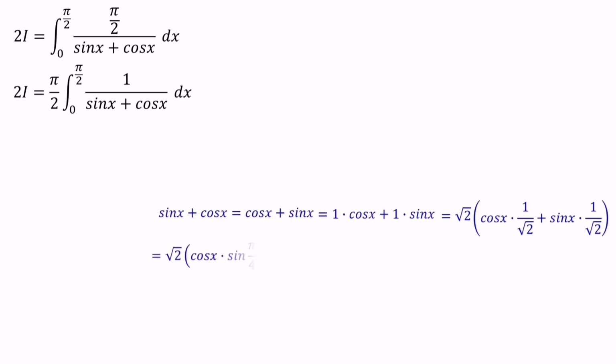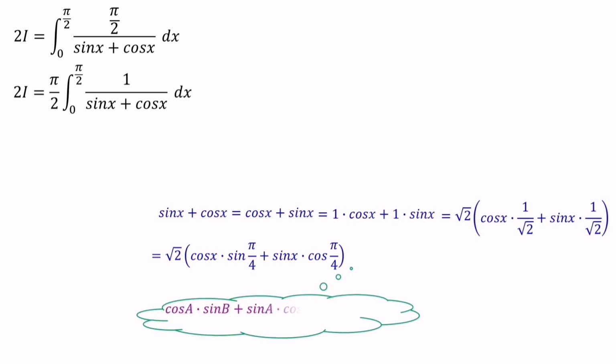Second 1 over root 2 we can consider as cos pi over 4. Then we have the expansion of cos(A minus B). So here we can write cos(x minus pi over 4). Simply, x is like capital A, pi over 4 is like capital B.